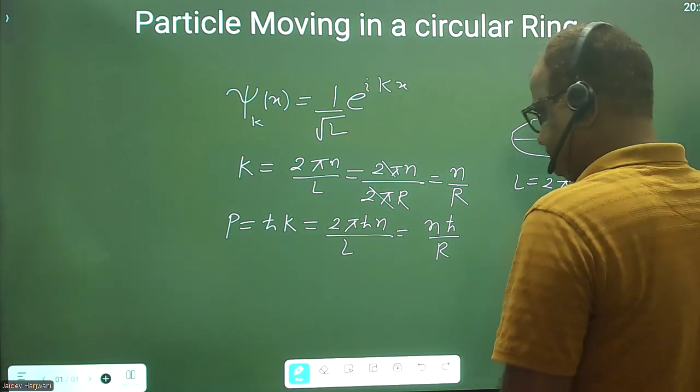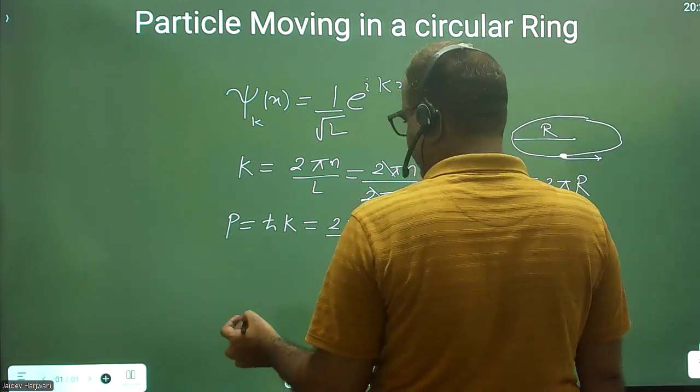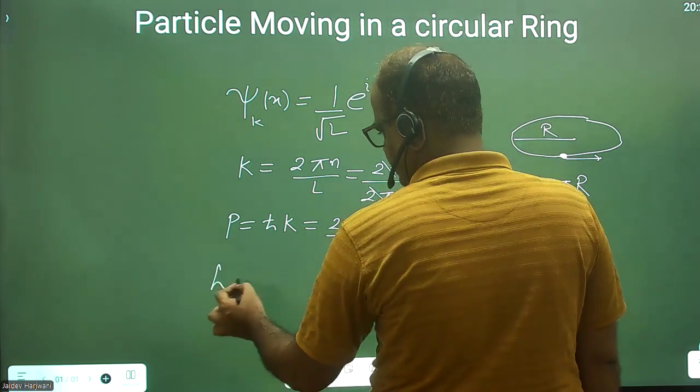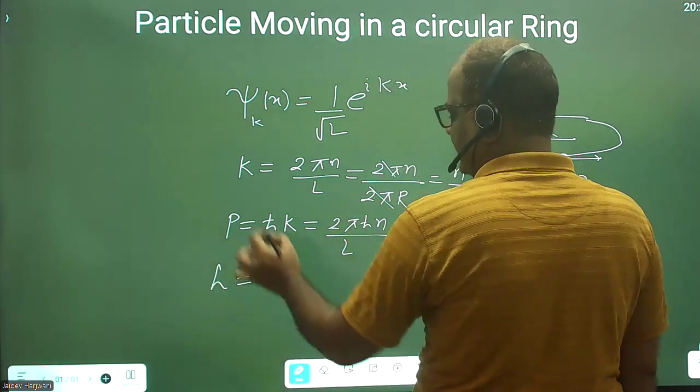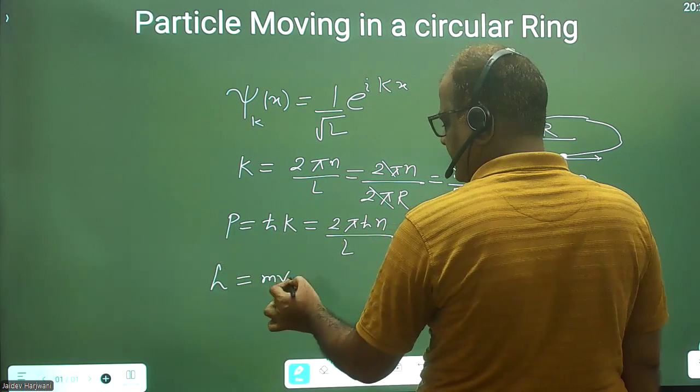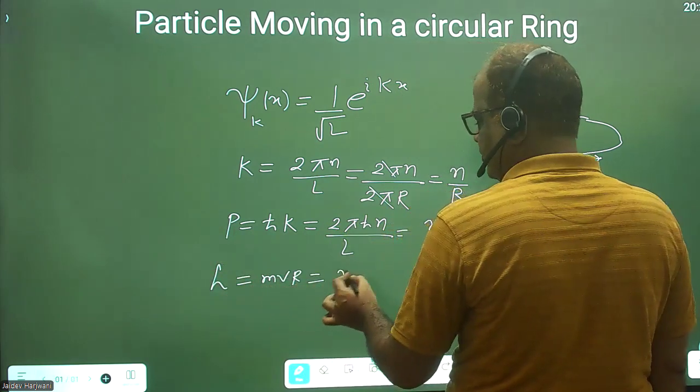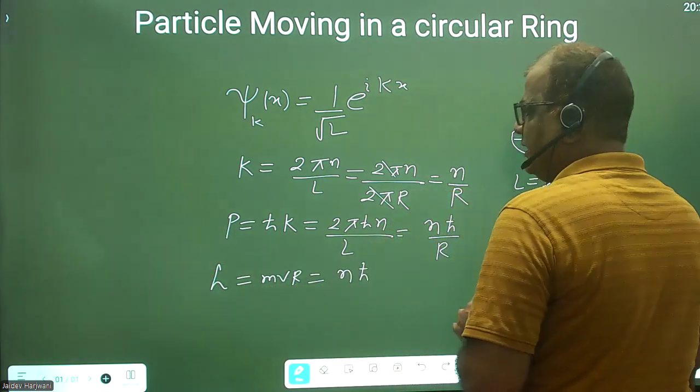Similarly, the angular momentum is simply p times r, that is mvr, which is equal to n h cut.